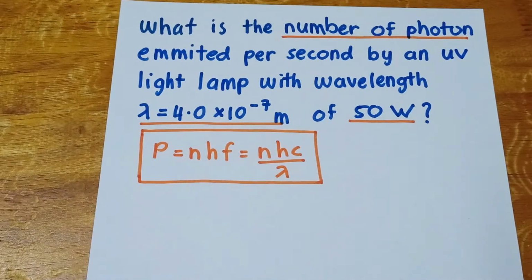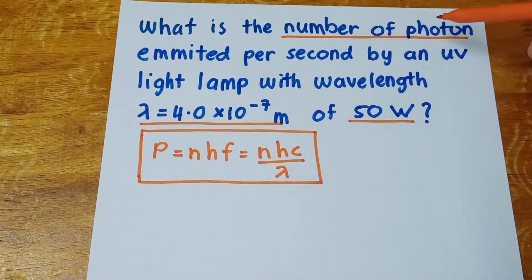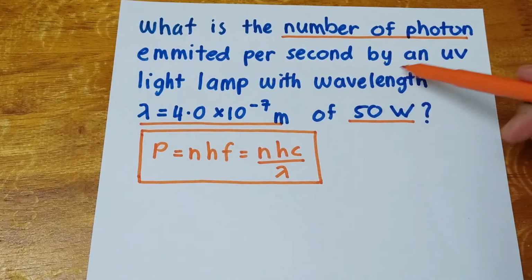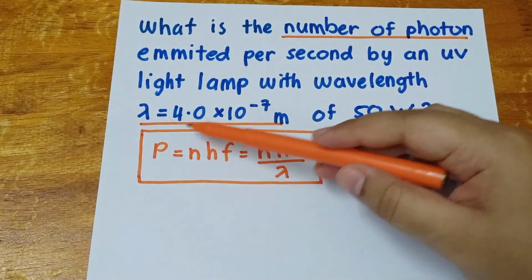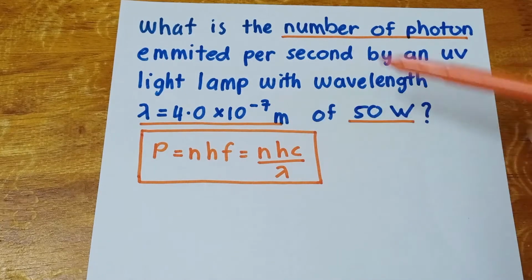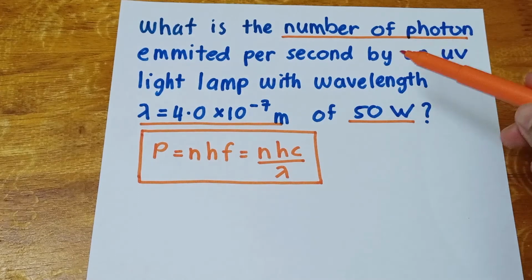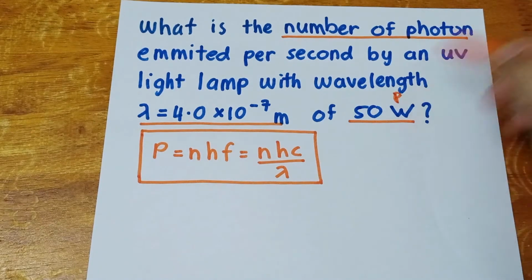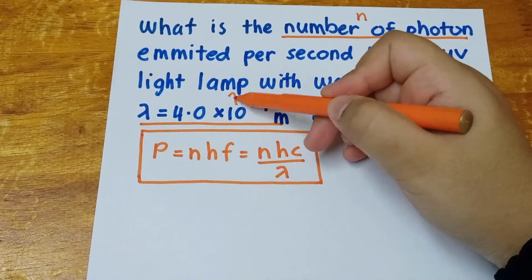Next, we continue to question number 3. It says, what is the number of photons emitted per second by a UV light lamp with wavelength lambda equal to 4.0 exponent of negative 7 meter, of 50 watt? Okay, so we know that this is power, and the number of photons we assume is N, and this is lambda.